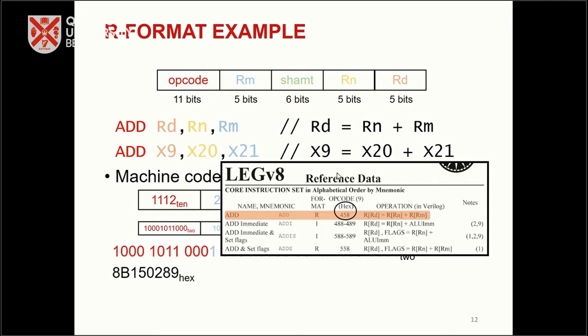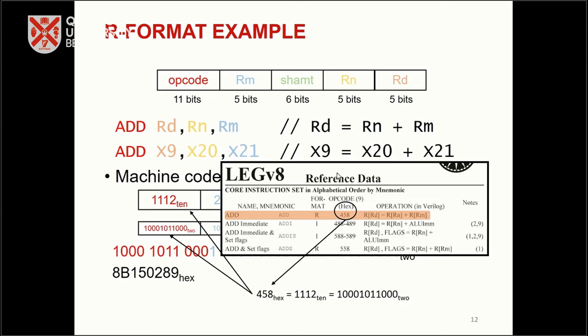458 in hexadecimal. So what we do now is we just convert this number into binary. We can also convert it into decimal if we are not going to actually use machine code, but it just depends on the number we want to use. And with this, we have the operation code.